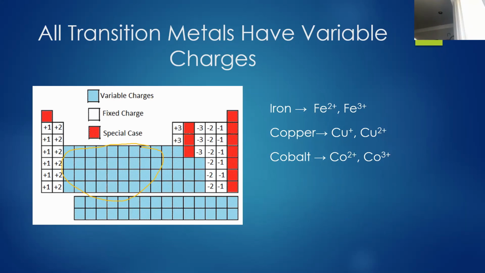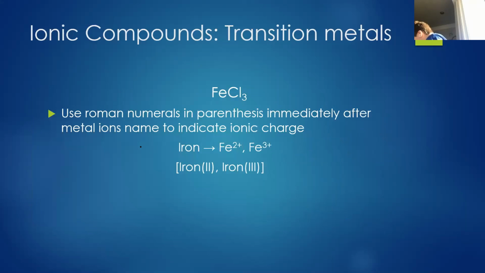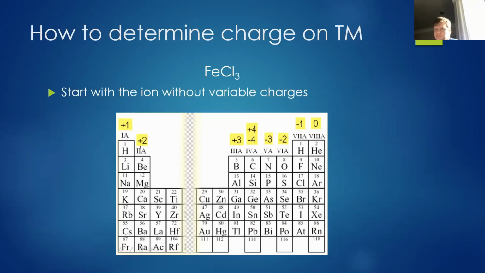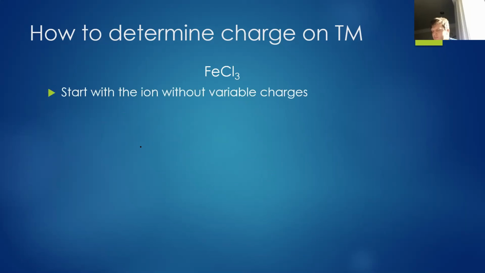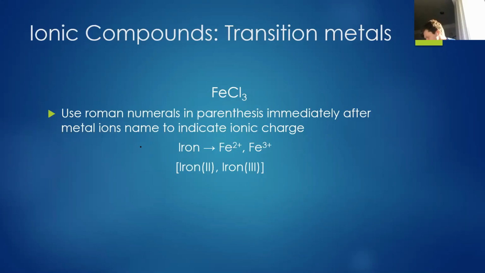So we're going to have to use what the transition metal is attached to figure out its charge. So we'll look at transition metals, how to figure out the charge for transition metals, and then how to name transition metals on Wednesday. And that should only take the first 10 or 15 minutes of class.